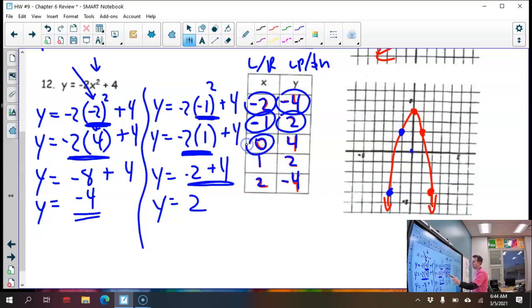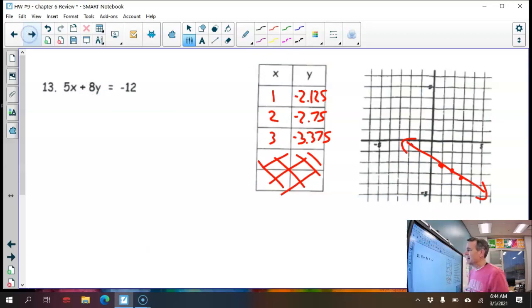Then I go left 0, up 4, puts me right on the line there. Right 1, up 2, puts me there. And right 2, down 4, puts me there. And I connect those with a better, red one's not very good, a better smooth curve. I guess it's okay.